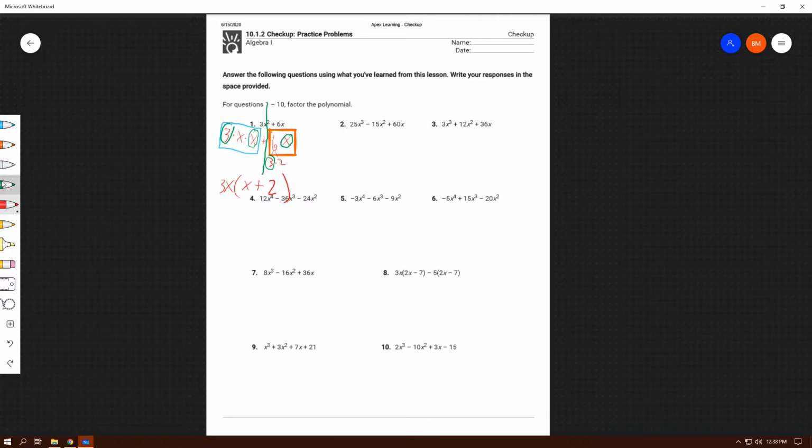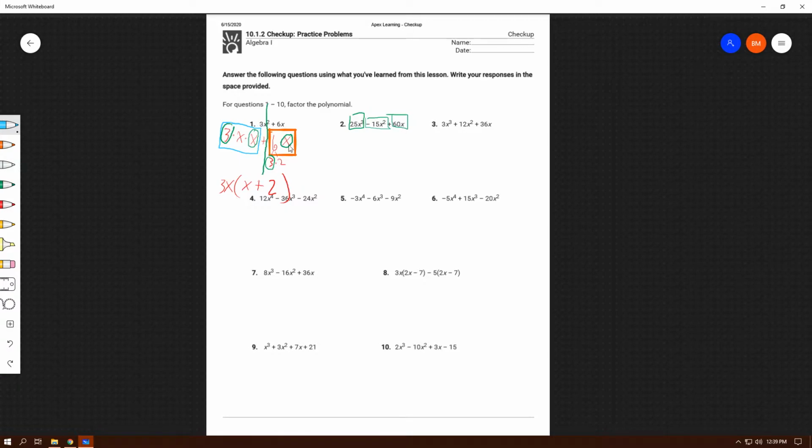All right, now let's go to question 2. What do all 3 terms have in common? The first thing I see is that they all have x's. The first piece is an x cubed, so there's 3 x's there. Then x squared, so there's 2 x's multiplying, and then an x.